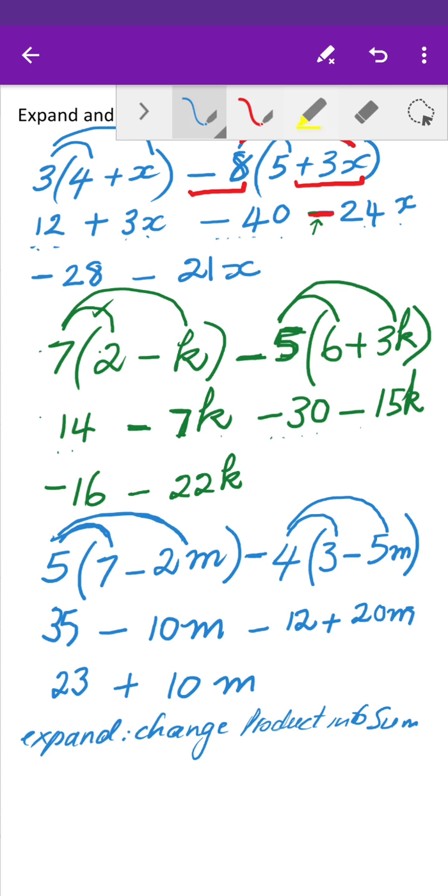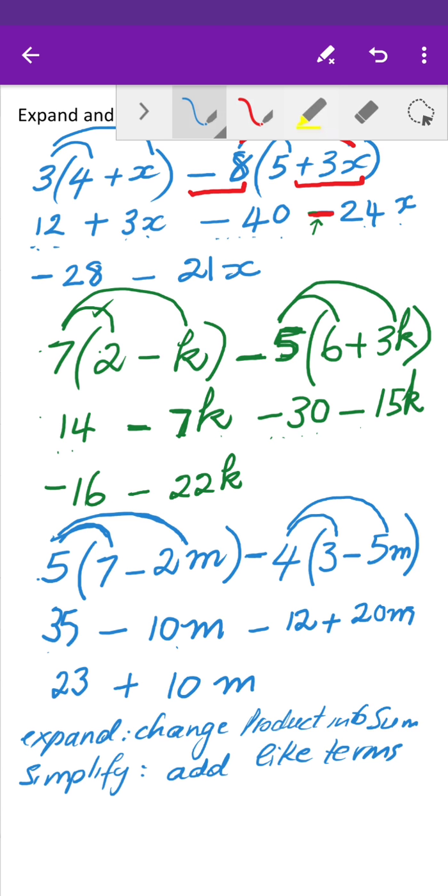We end up with a 5 and a bracket as a factor, and we finish with two terms. So altogether we finish with a sum. It's all expanded. To simplify is to add like terms. So when they say expand and simplify, simplify means to simply add like terms. And that's what we did at the end.